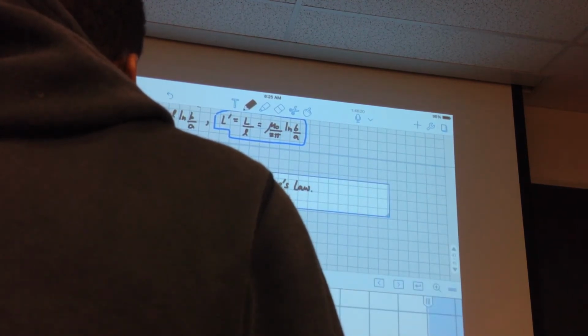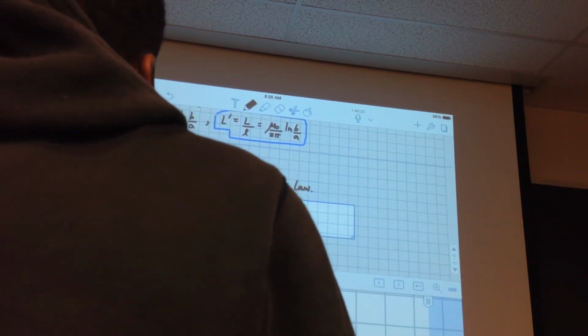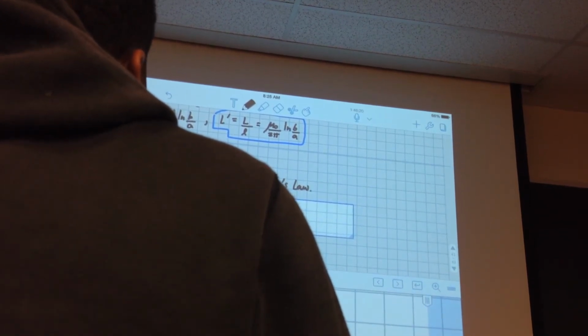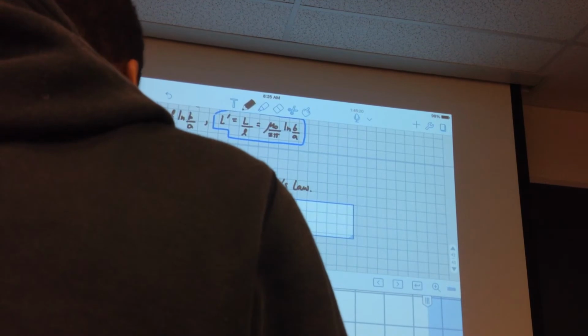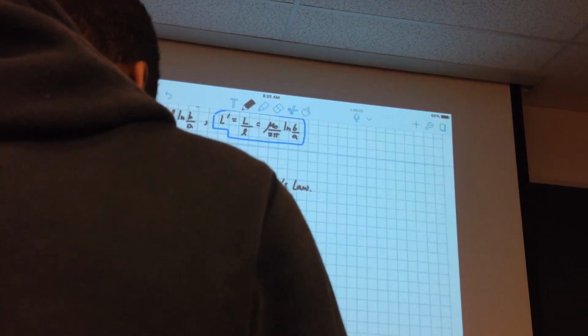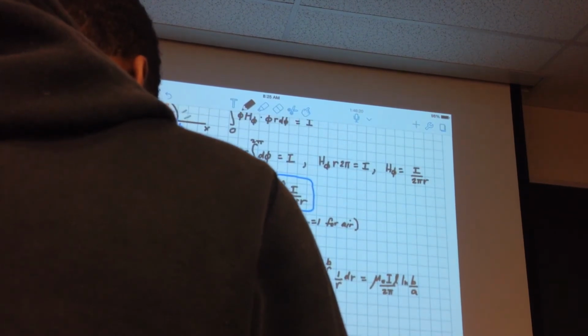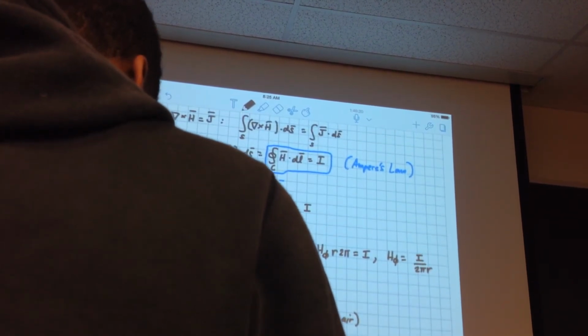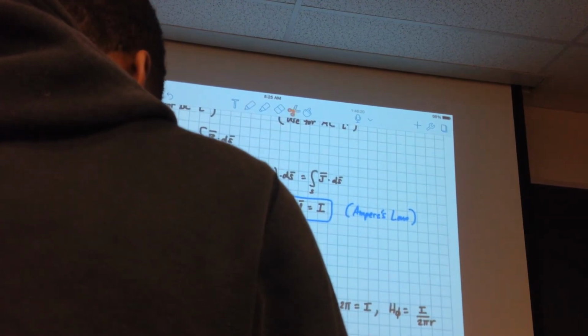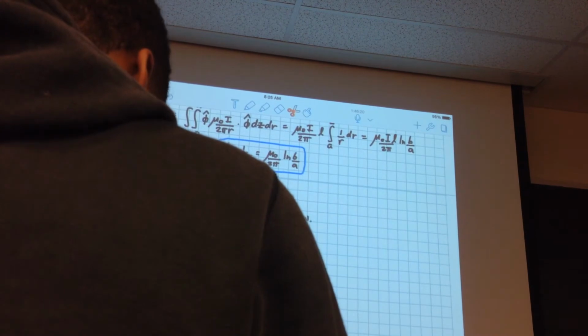All right. So Ampere's law is the closed contour integral over C of H dot dl, and I'm going to write this explicitly to the side.